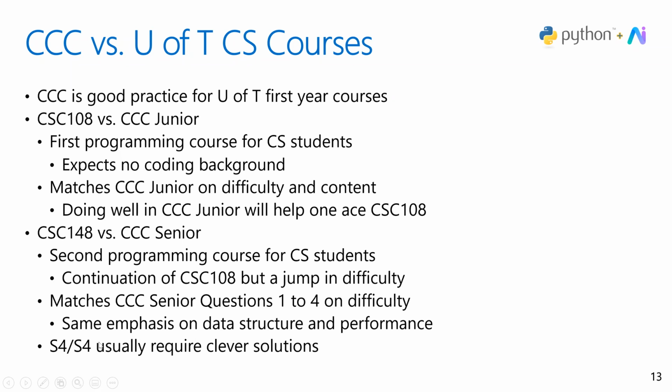But I was mistaken, it should be S5. CCC may have more cleverness to it than the university course, which is more about building a solid foundation in you. But difficulty-wise, they're similar. S5 is its own wild beast, which the senior course will cover.